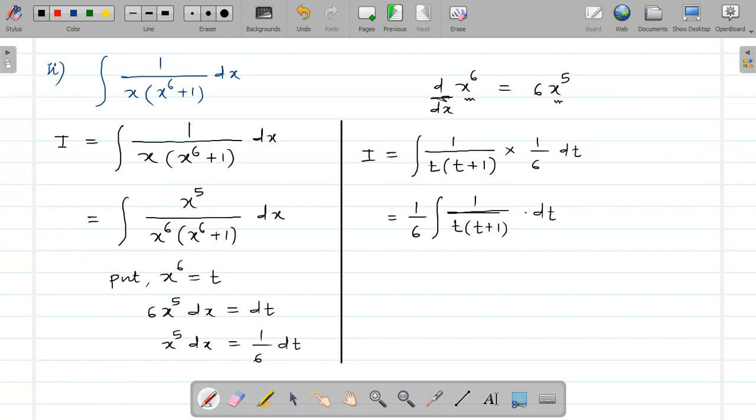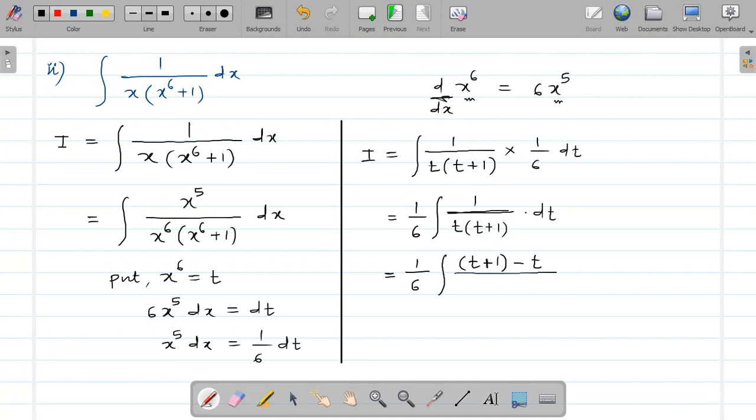Now we have to evaluate this integration, 1 upon t into t plus 1. Now the denominator contains two factors, t and t plus 1. Now adjust the numerator or express the numerator in terms of denominator. So how will you adjust this? See, in place of this I will adjust t plus 1 minus t.